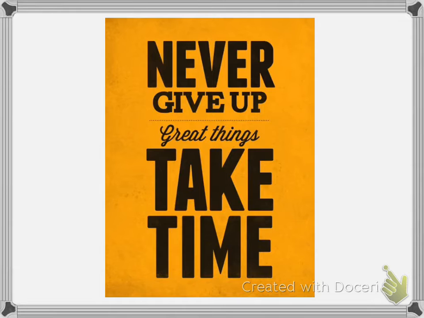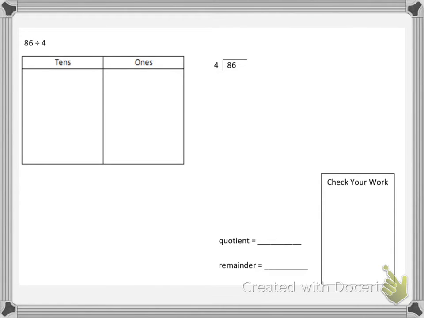Excellent job. Never give up. Great things take time. Try the next problems by yourself. Using the place value chart, divide 86 divided by 4, and please make sure you check your work. If you're checking your work, you're going to get 100%.